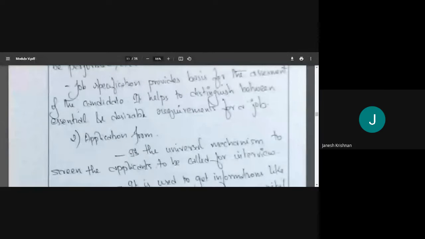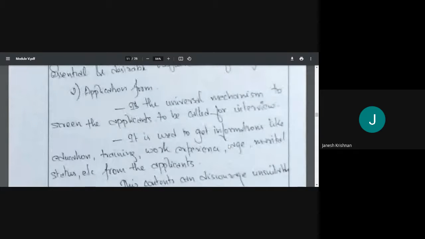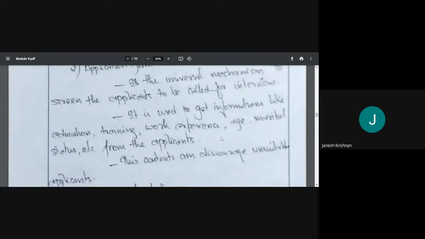Next up is the application form. The application form is the universal mechanism to screen the applicants to be called for the interview.